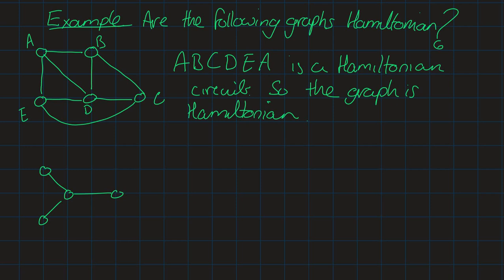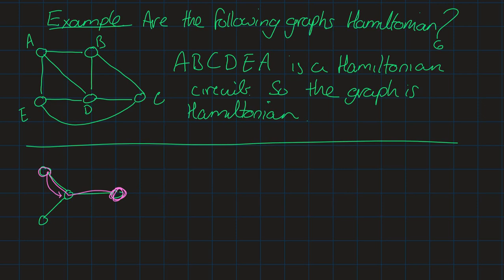Let's move on to the second graph, this tree with 3 leaves. If you think about it, it's not Hamiltonian, because no matter where you start, you need to visit other vertices and then return back to where you start. But that's impossible without going back through the center vertex.